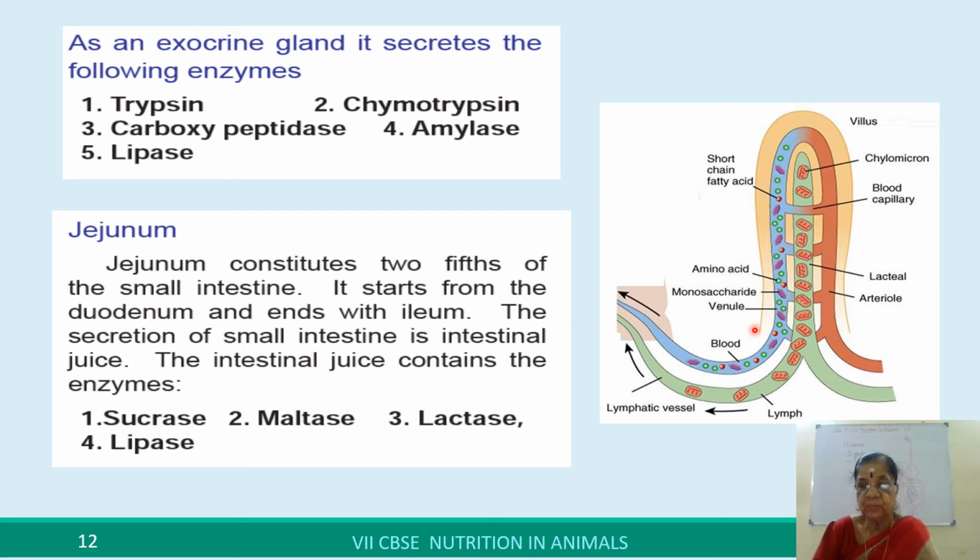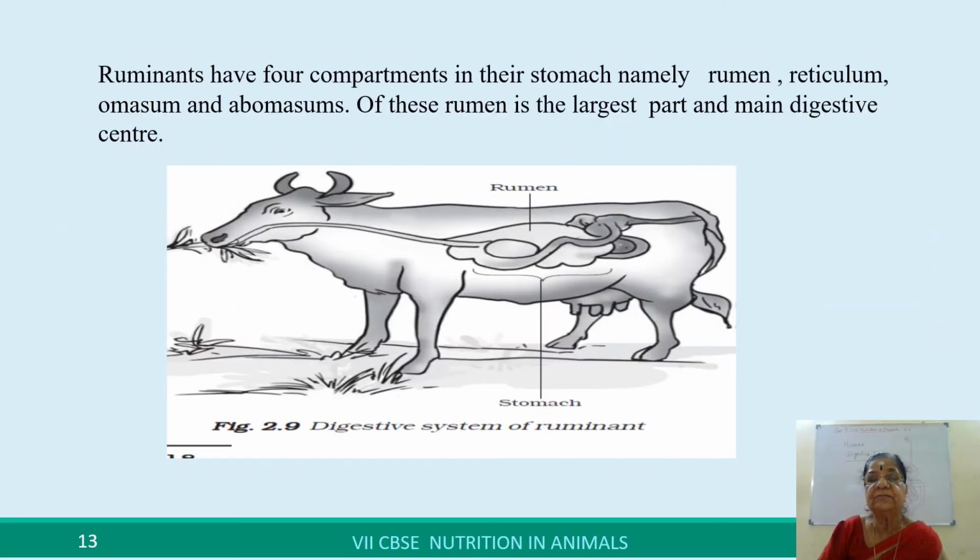So the small intestine is formed of numerous villi, which increase the absorptive surface area. The villi absorb protein as amino acids, glucose, other minerals and vitamins, and fatty substances, which are absorbed by the lacteal as lymph.